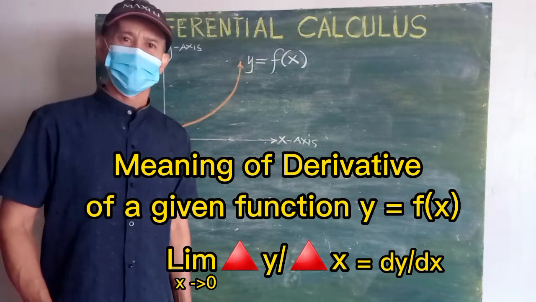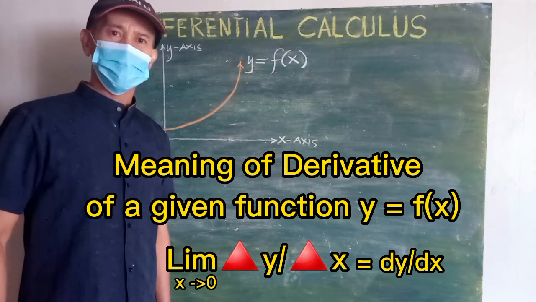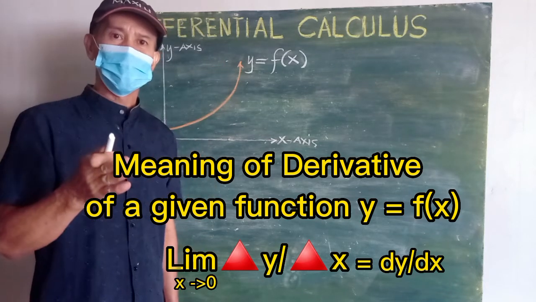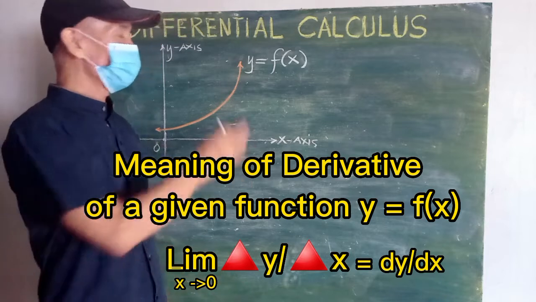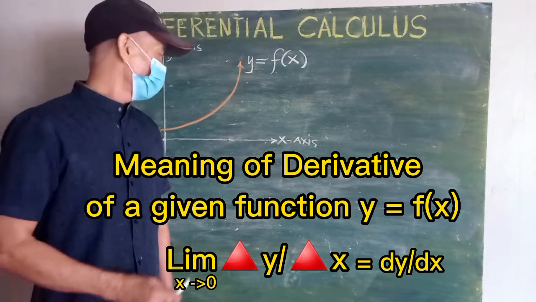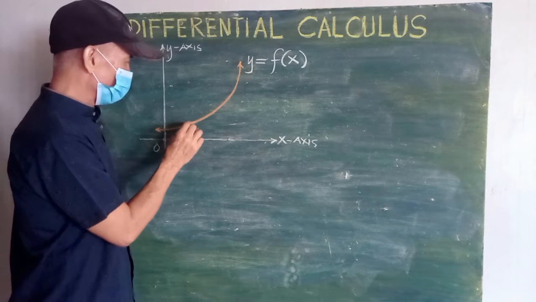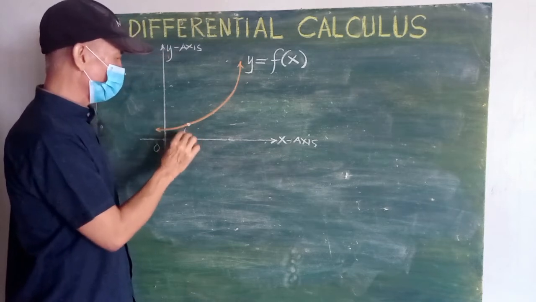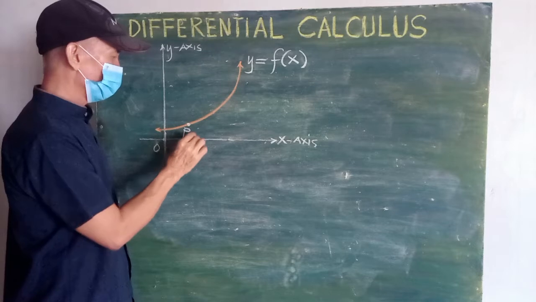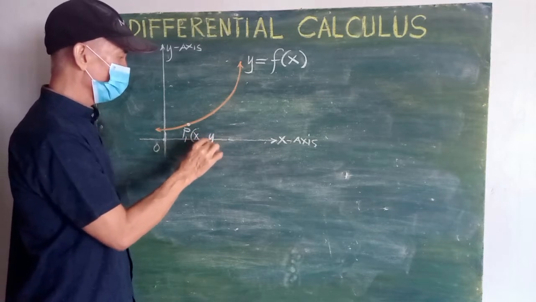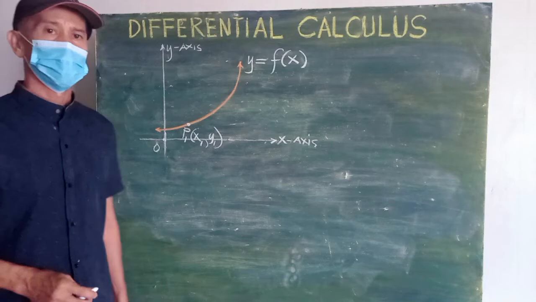Hi guys, so today I'm going to discuss the slope of the curve and how it is related to the derivative of the given function y equals f of x. Let's say there is a point here and let us denote that point as P1 located at x sub 1, y sub 1.